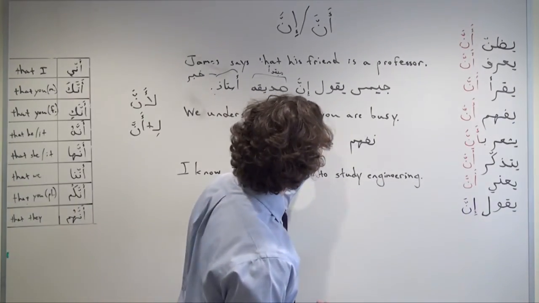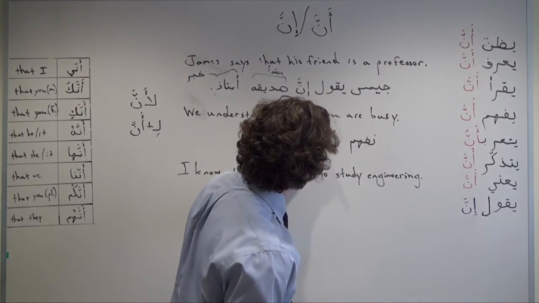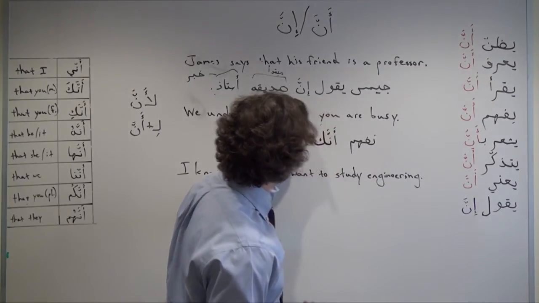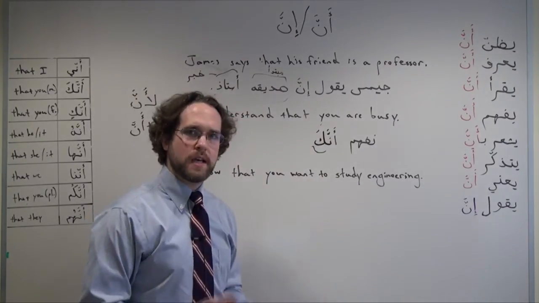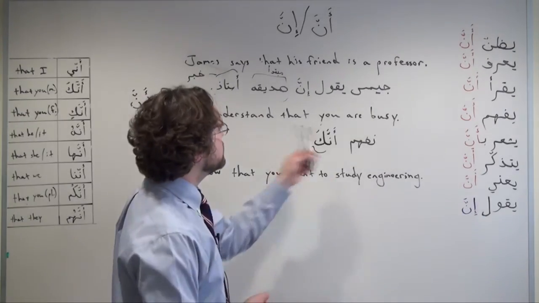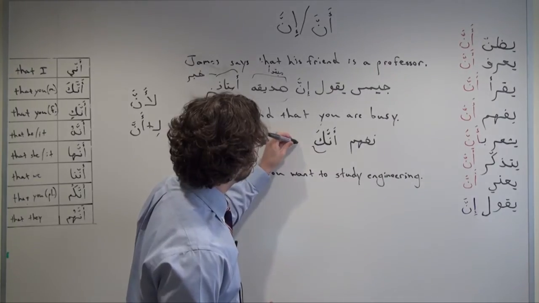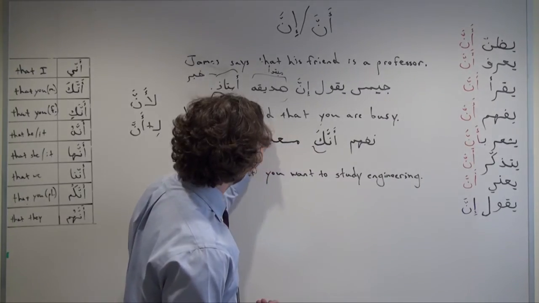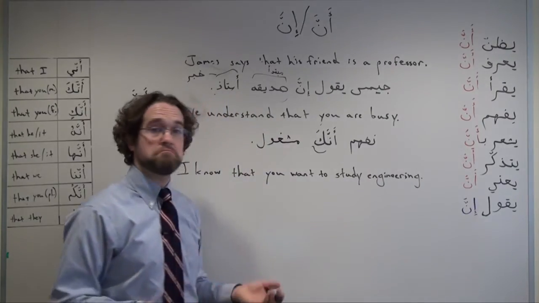So we start with our anna, and then we need to attach that pronoun, which is going to be annaka. So now this ka is functioning as the mubtada, right? The subject of our jumla ismiya, our nominal sentence. So then we just need our khabar, which would be mashghul, busy. Nafham annaka mashghul.